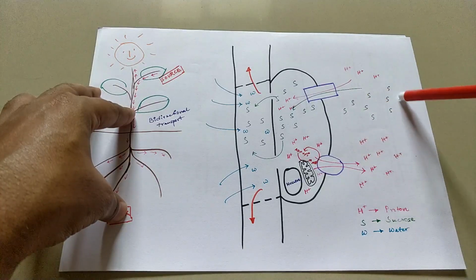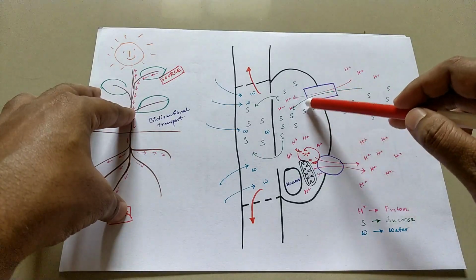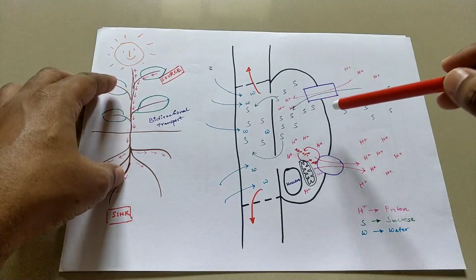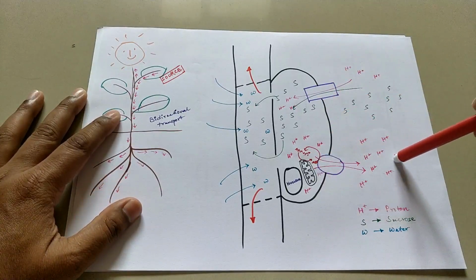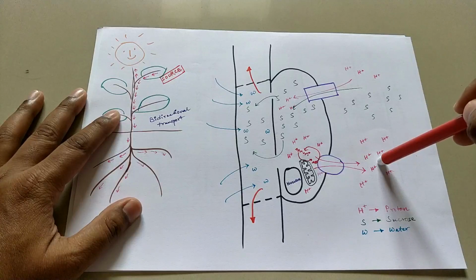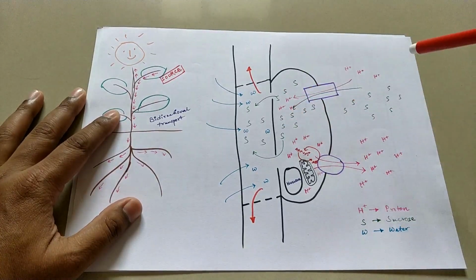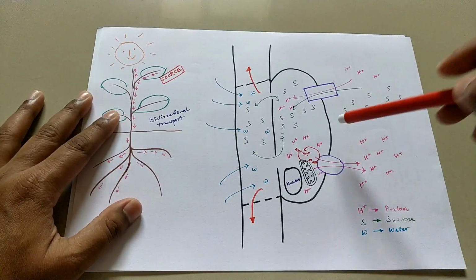So whatever sucrose is present here will also be brought in alongside, right? So that is the purpose of sending the protons out initially, so that while they come in, they can bring the sucrose molecule inside the companion cells, right? Make sense?